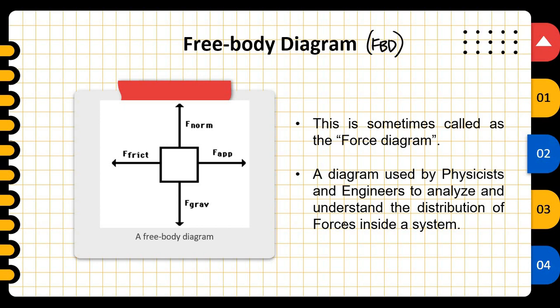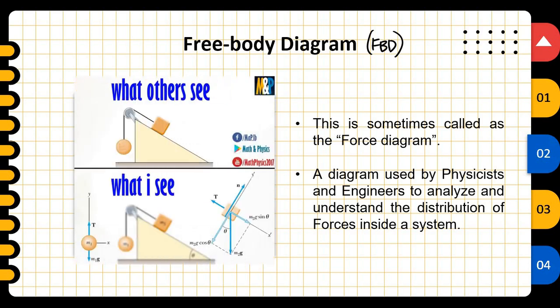Not just forces, this FBD could also be used to identify the distribution of torques or moments. So this is a very simple example of a free body diagram. So a little meme that I have managed to get from a certain social media would be this one.